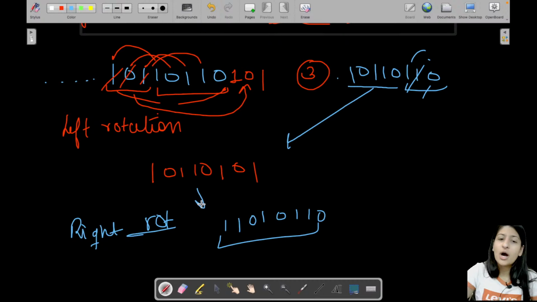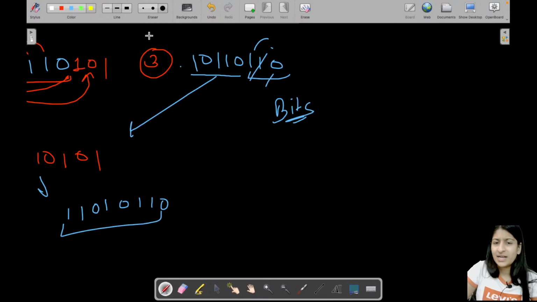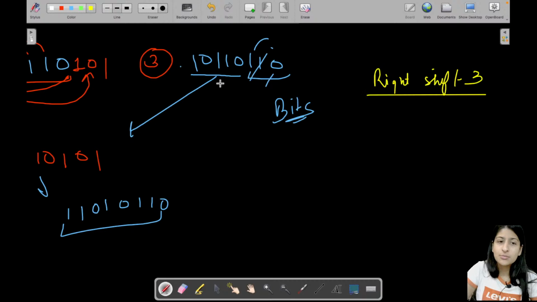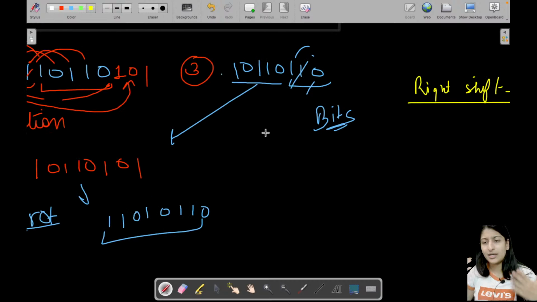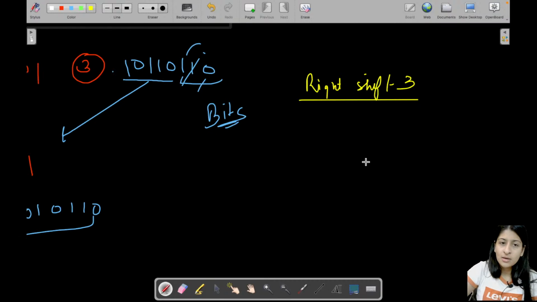Now how can we handle it using bits? How to handle them using bits? Very evidently you might have observed one thing: if I do a right shift on the number, let's say right shifting it by 3 times, let's say I'm talking about right, then you can obviously understand it for left. Let's do for 1. So this was your original number written in blue.